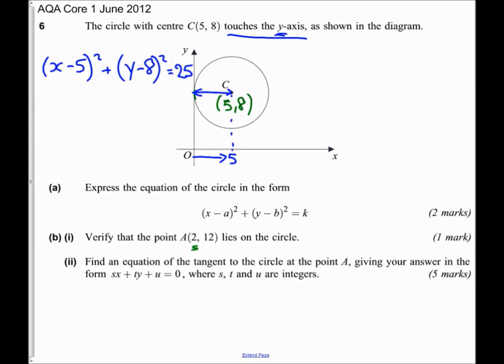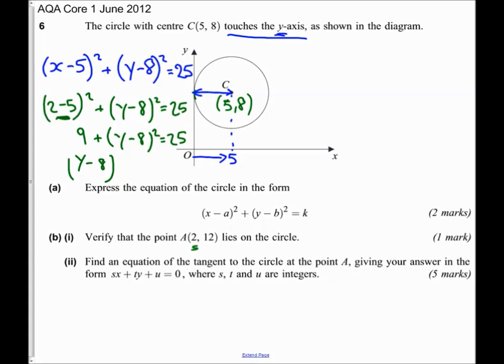So if I substitute 2 in, I get 2 minus 5 squared plus y minus 8 squared equals 25. This is minus 3 squared, which is 9, so I get 9 plus y minus 8 squared equals 25. I get y minus 8 squared equals 16.